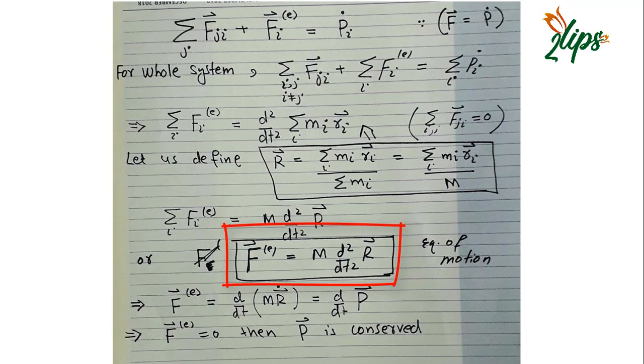All we have to do is find the total external force, and with the help of the center of mass we can study the dynamics of the entire system without studying the dynamics of each and every particle. This is the achievement of using this position vector R.